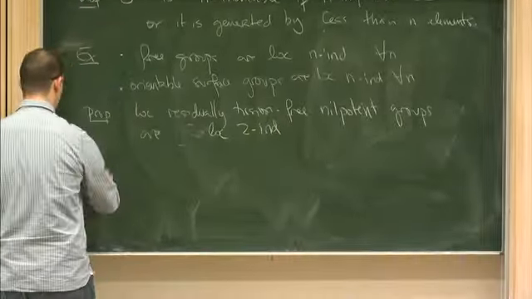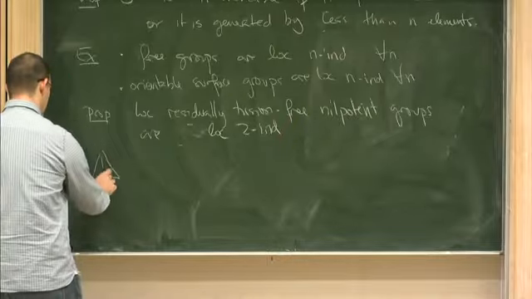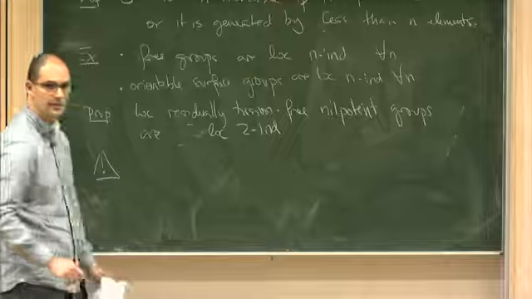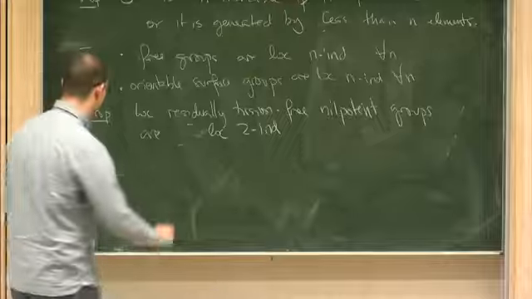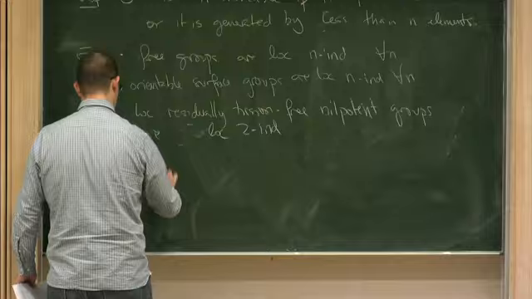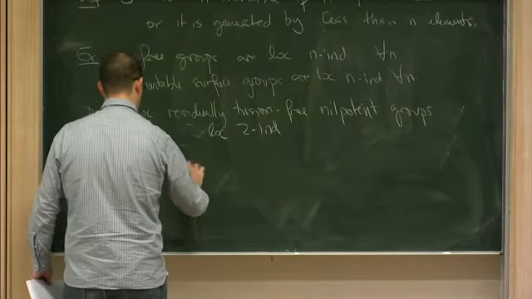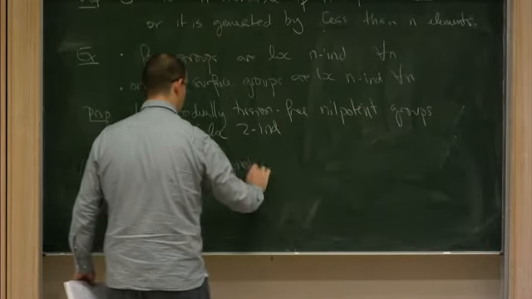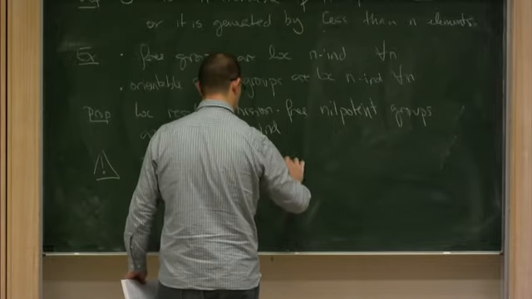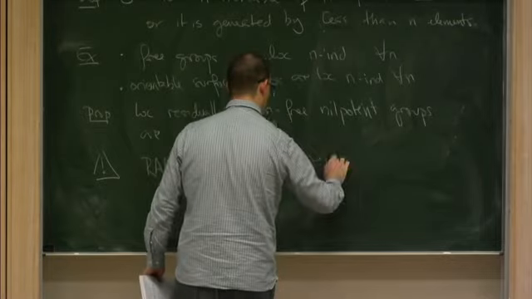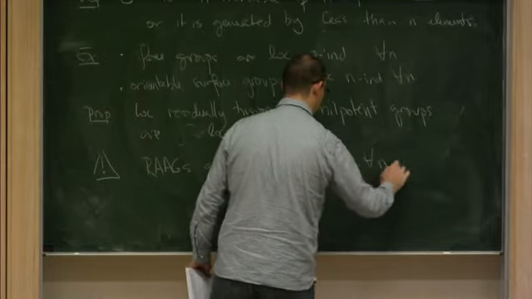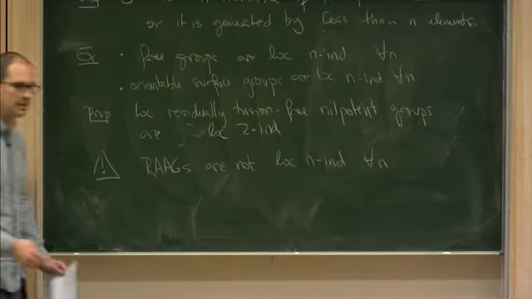And I think RAAGs are not locally n-indicable for all n. So this is an example.